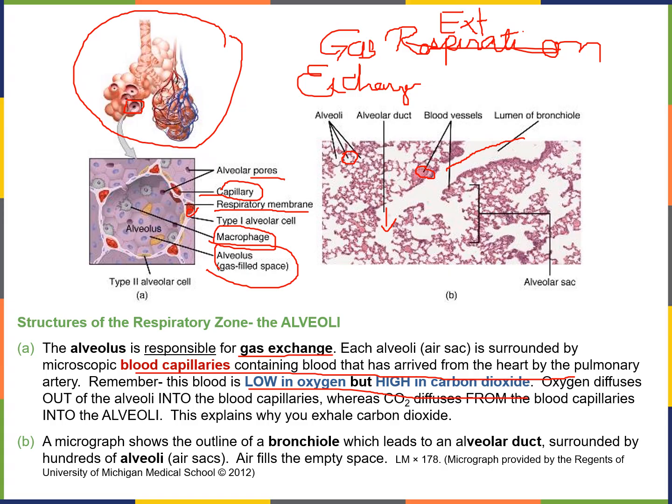That's what you learned. For this topic, the respiratory system, we're just going into a little bit more detail for the gas exchange part and making sure that we understand exactly which gas is leaving blood, which gas is entering blood, which gas is leaving the alveoli of the lung, which gas is entering the alveoli of the lung.